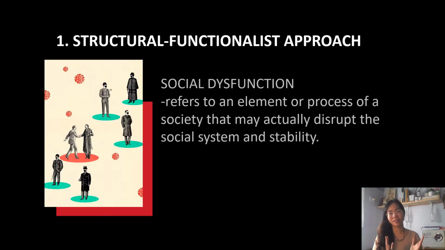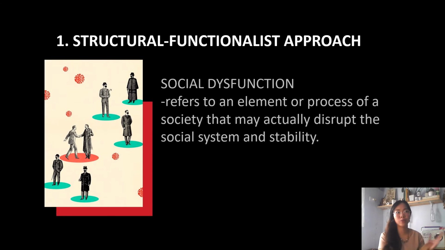Merton also identified social dysfunction. If there are functions, social dysfunctions also happen. So this refers to an element or process of a society that may actually disrupt the social system and stability.